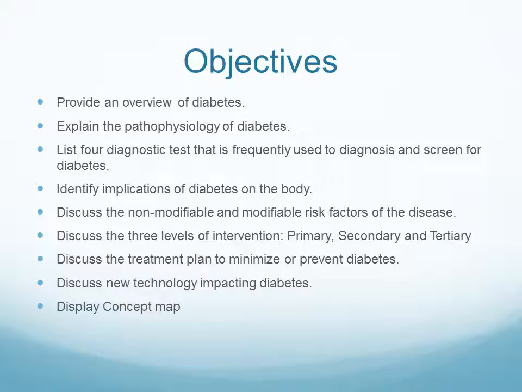The objectives of this presentation are: provide an overview of diabetes, explain the pathophysiology of diabetes, list 4 diagnostic tests that are frequently used to diagnose and screen for diabetes, identify implications of diabetes on the body, discuss the non-modifiable and modifiable risk factors of the disease, discuss the 3 levels of intervention: primary, secondary, and tertiary, discuss the treatment plan to minimize or prevent diabetes, discuss new technology impacting diabetes, and display the concept map.